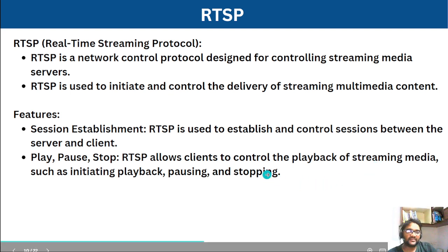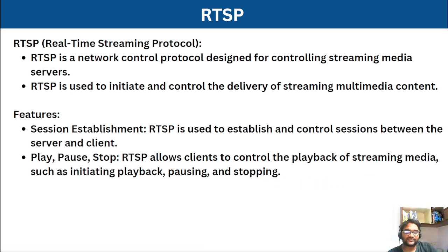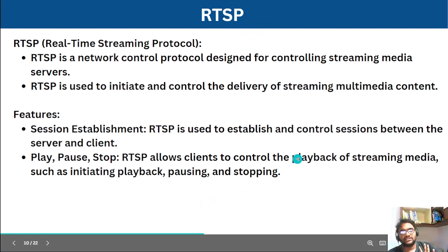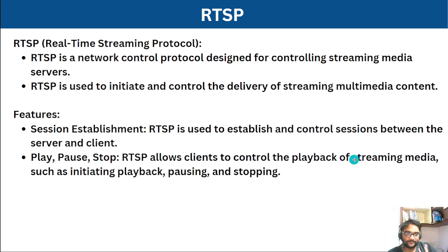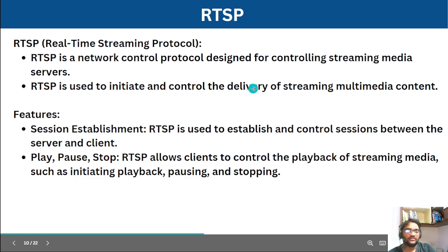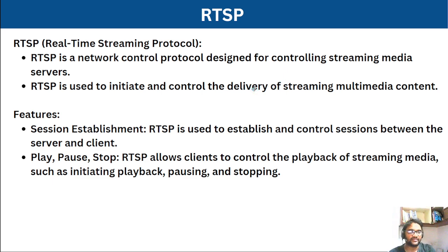RTCP takes care of controlling the transmission rate, whereas RTSP is responsible for controlling the stream. You can pause the stream, play the stream, or stop the stream. These are high-level actions. This is how the RTSP protocol works in conjunction with RTP and RTCP.